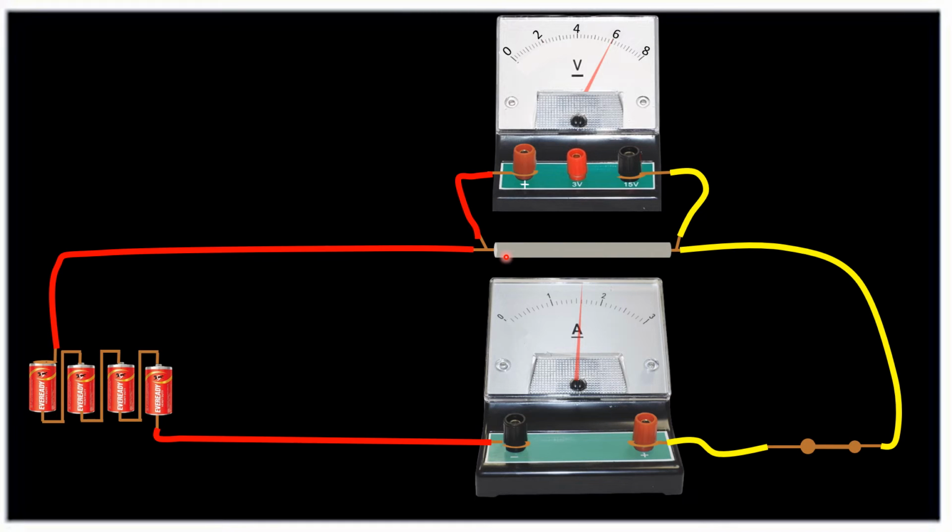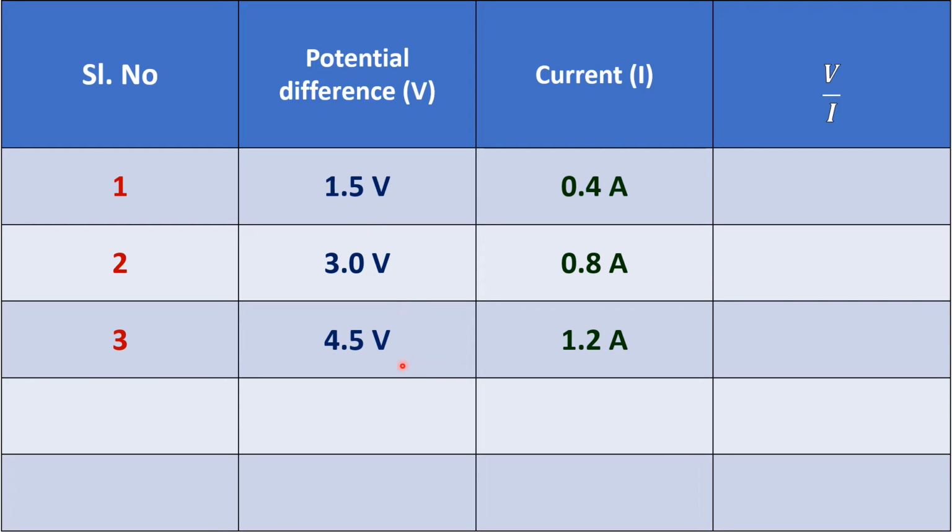Then the voltage developed between the two ends is 6 volts. So current equal to 1.6 amperes and voltage equal to 6 volts. Let us note down these readings in the table. Fourth case, 6 volts, 1.6 amperes.